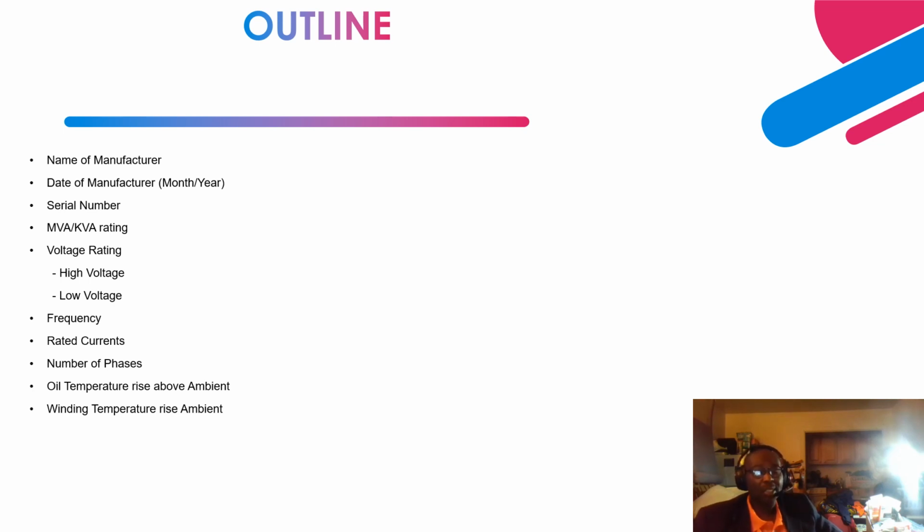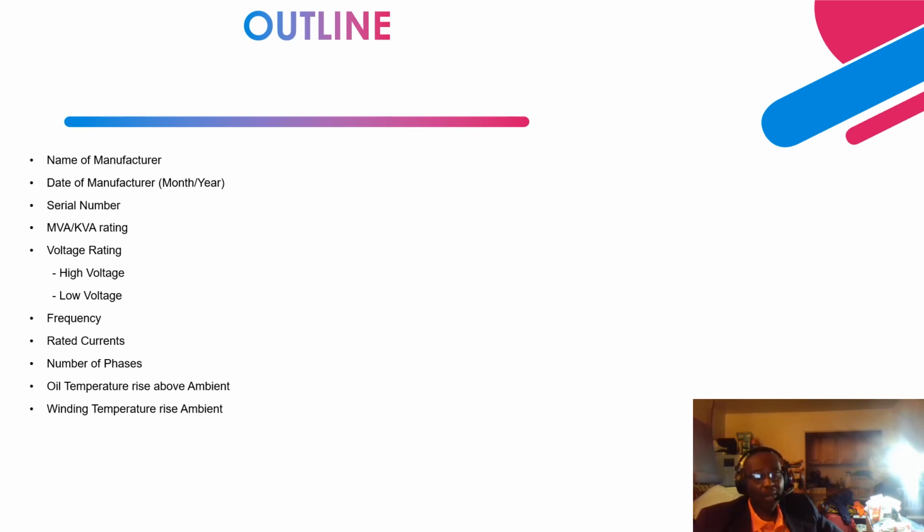That itself tells you that a lot of work has been done in having a robust insulation system to achieve that 65 degrees Celsius oil temperature rise. So you'll see that on older transformers, the temperature rise is about 55 degrees Celsius, and the newer ones 65 degrees Celsius.